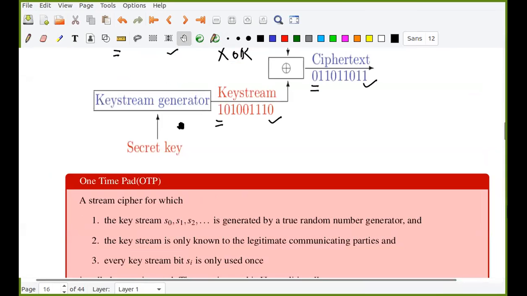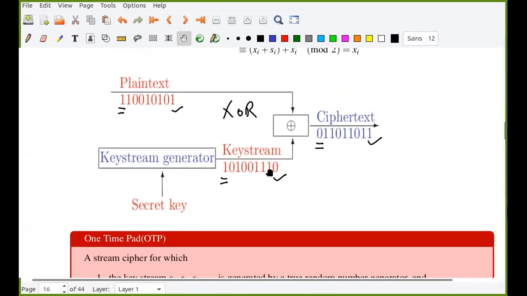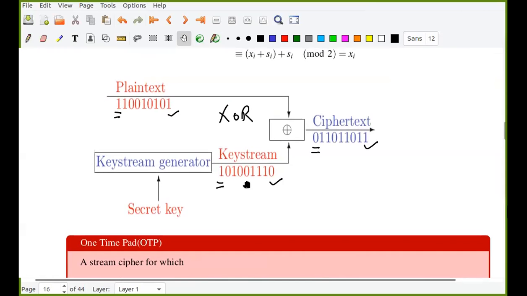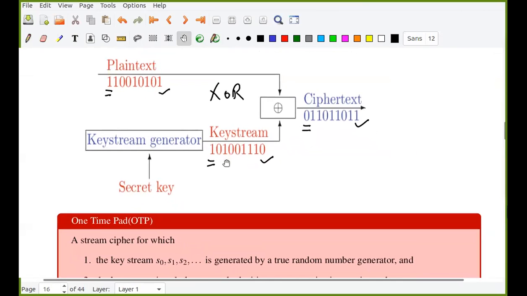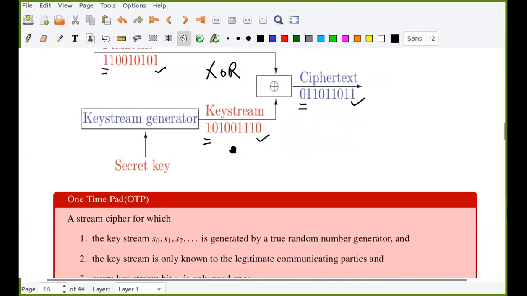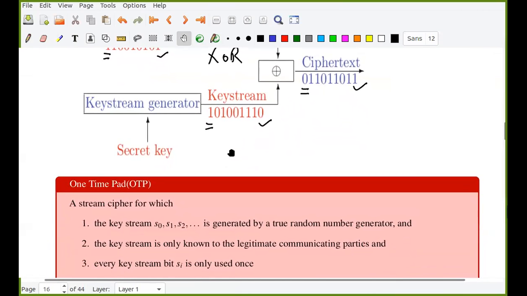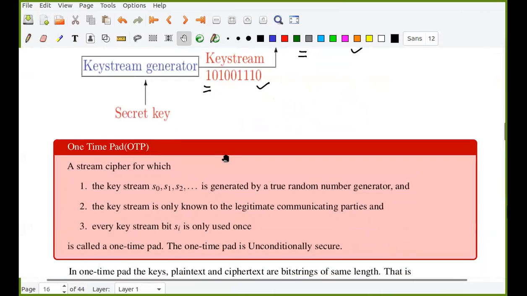See, the plain text is this much, the key size is this much. So what is the secret key size? Yes, the size is the same as the size of the plain text. Wonderful, correct, exactly.